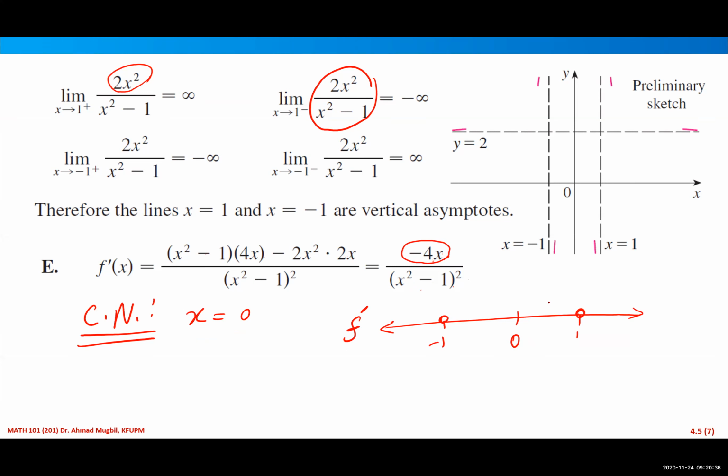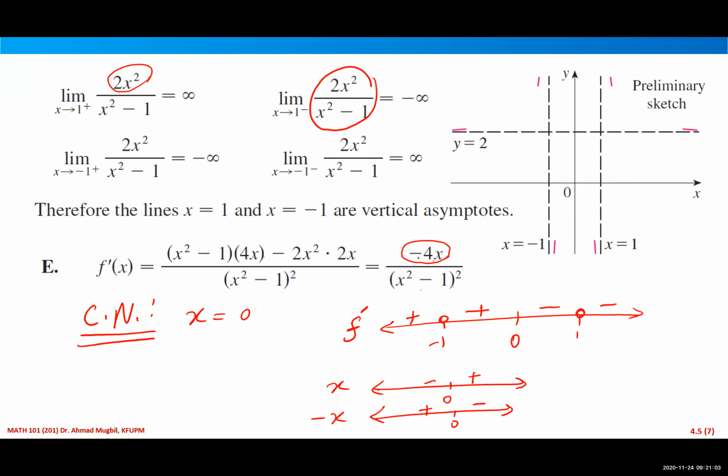Will the derivative be positive or negative after 0, guys? Is it going to be positive here and negative here? No, because here it is negative. If we are talking about x, yes, after 0 it will be positive, before 0 it will be negative. But when we talk about negative x, it will be the opposite. It will be negative here and positive here. So what do we have? We have this.